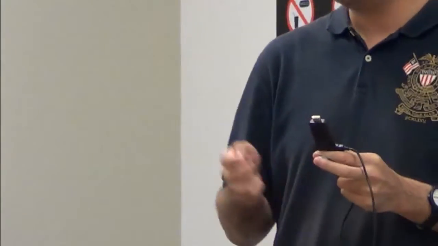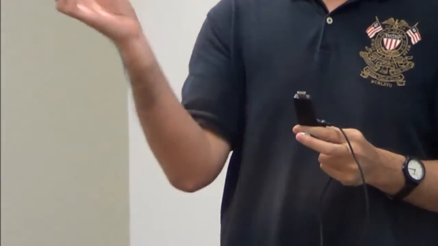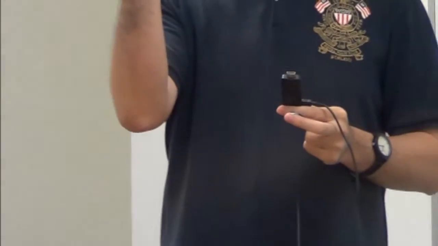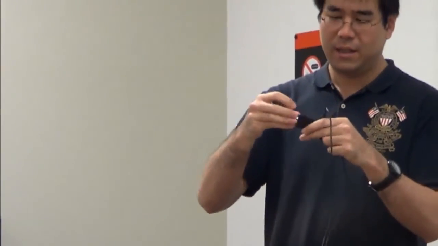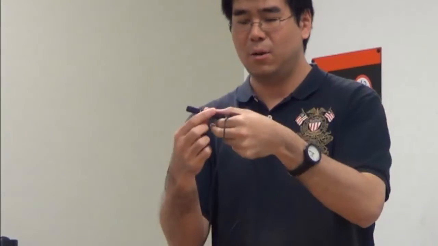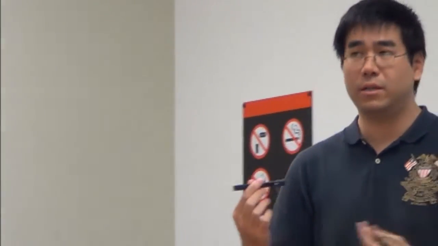Now this is a male HDMI, whereas the HDMI cable in the lecture theatre is also male. So you can get, for $3, two of these female to female HDMI connectors that you plug onto the end, and then you can connect the other male part of the HDMI cable to that. This does wireless display, so you can connect your Surface Pro to that and walk around the room.